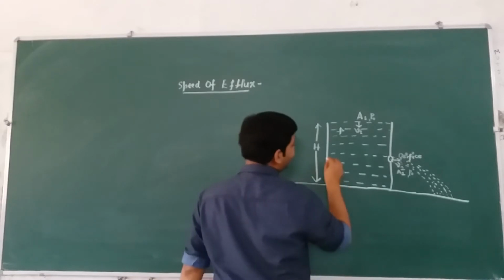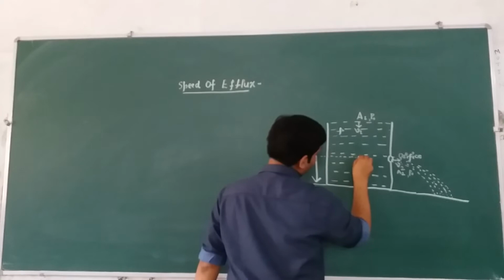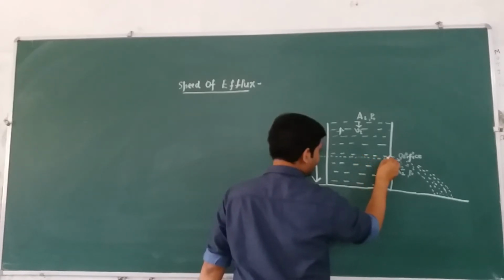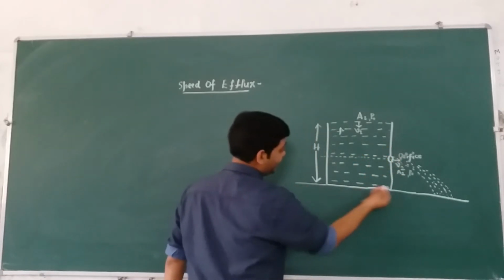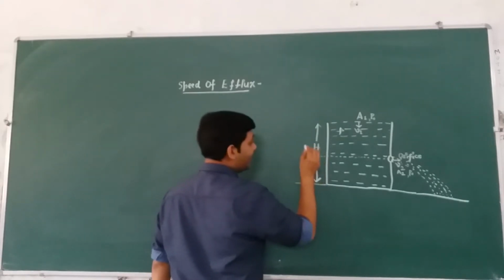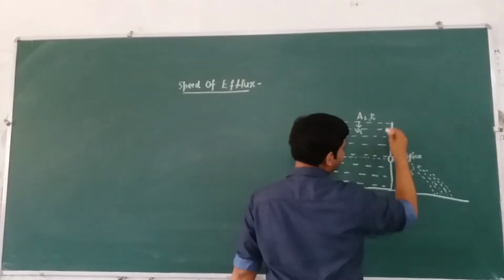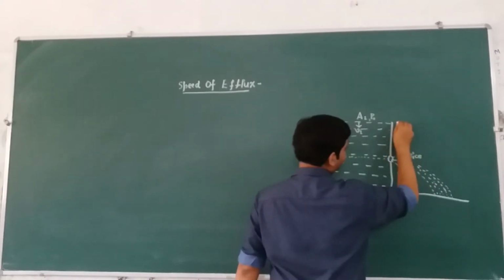So let us consider the reference line here. This is our reference line. You can consider it anywhere, even if you take this surface as the reference line, there will be no issue. Let's say the position of this orifice from the upper surface of the water is h.